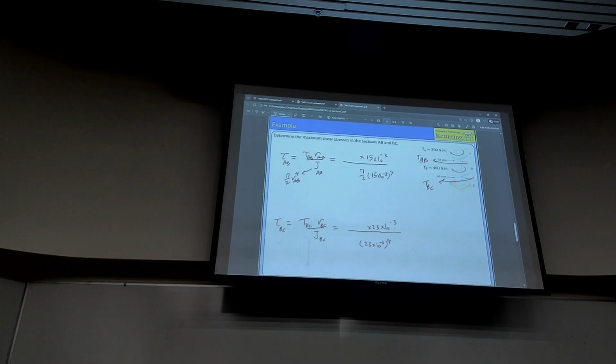If you apply TA, will it deform AB? If you apply TB, will it deform AB? No, it will be just TA. What about BC? It'd be both of them added. Very good. In the same direction, add them. Remember, for the homework, those should be added.